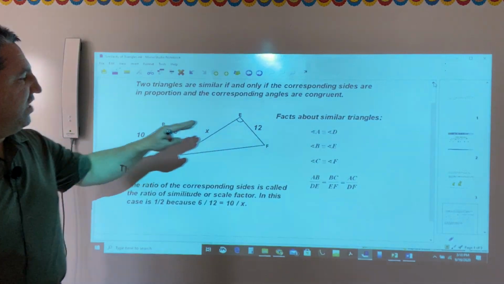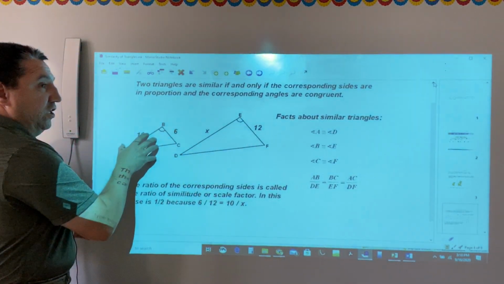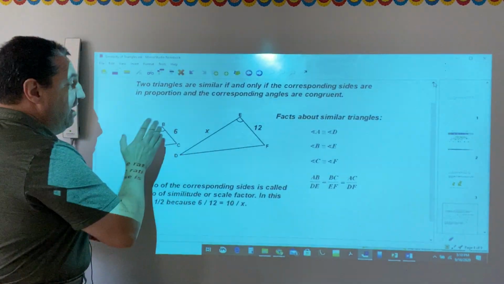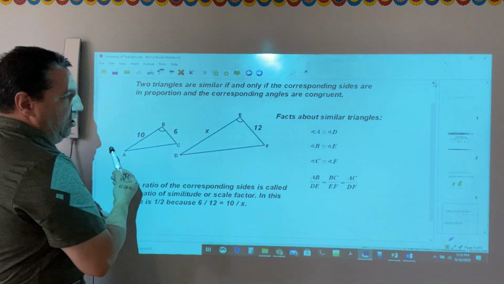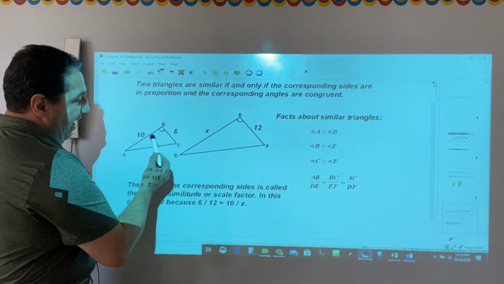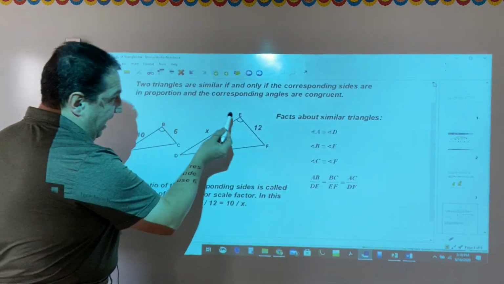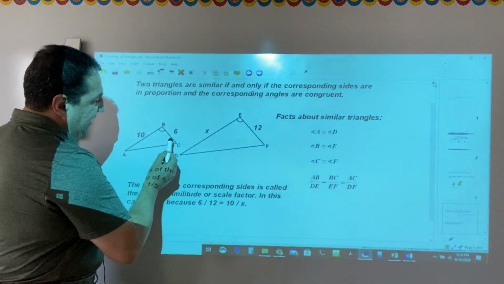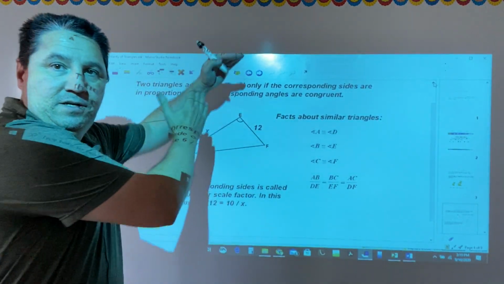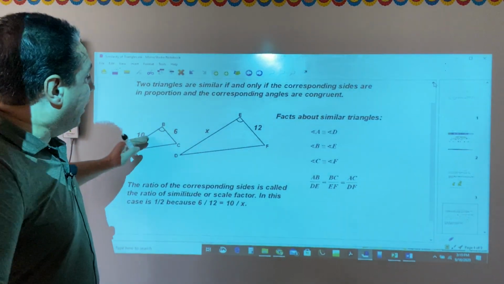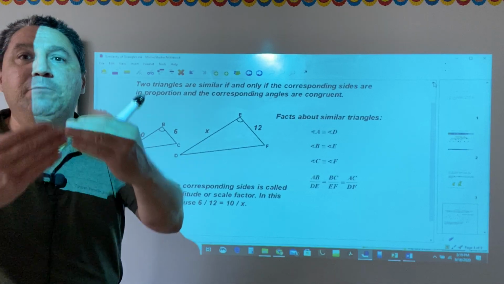If we look at this diagram, these two triangles are similar if and only if the corresponding angles, which are A and D, are congruent. Then B and E congruent. Then C and F congruent.